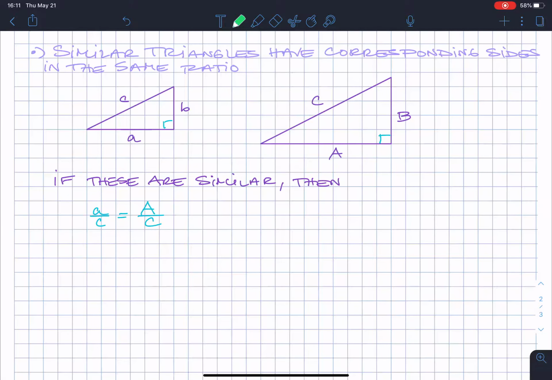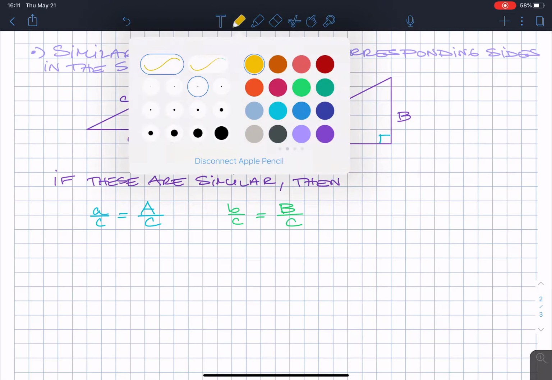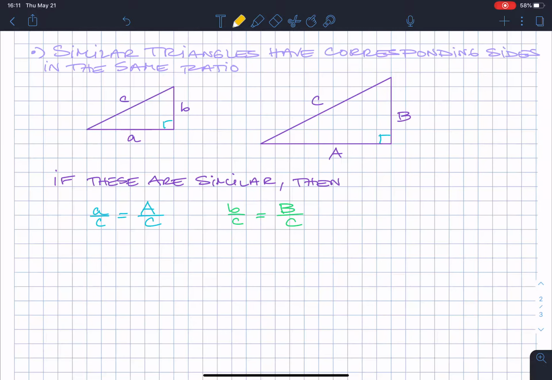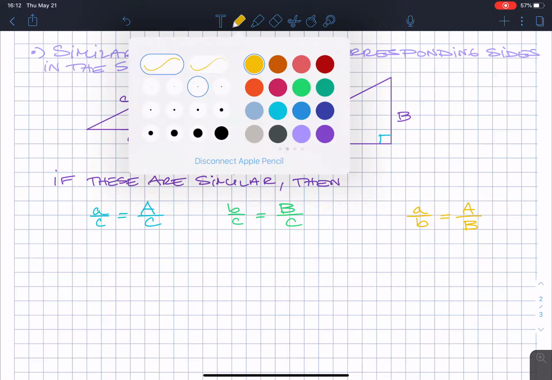Similarly, I could say maybe B over C on the little triangle is the same as capital B over capital C on the large triangle. Another ratio would be A over B on the small triangle is the same as large A over large B. As long as we're taking the ratio of corresponding sides, then that's how similar triangles are related.